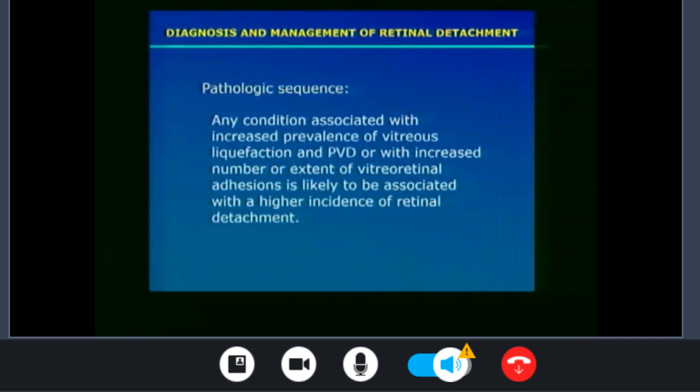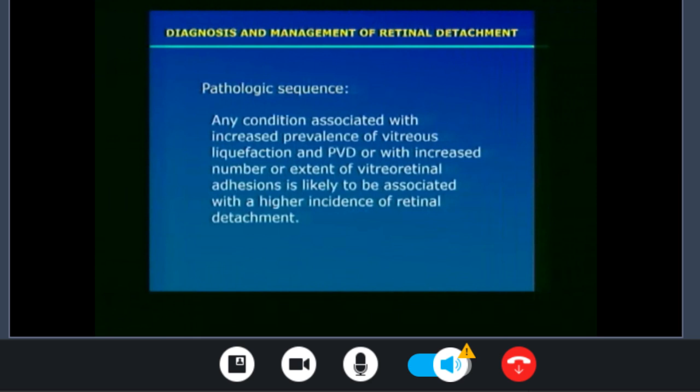So all the risk factors for retinal detachment are summarized here. Any condition that increases the risk of vitreous liquefaction and posterior hyaloid detachment, or increases the risk of pathologic vitreoretinal adhesions, will increase the risk of retinal breaks and retinal detachment.